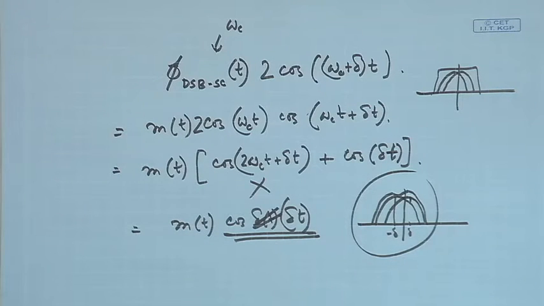A higher modulation will always keep the spectrum shape intact, but this is a lower modulation, so the negative half and positive half get overlapped, and I get something completely different. So I will never be able to recover my signal from this, because however small that delta is, it will start distorting the signal. That has a huge detrimental effect on my demodulation.